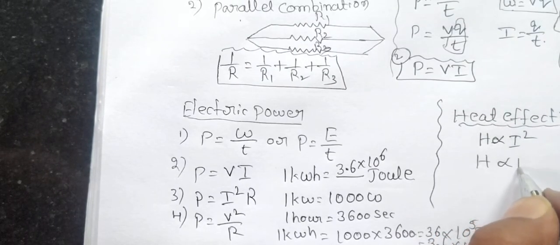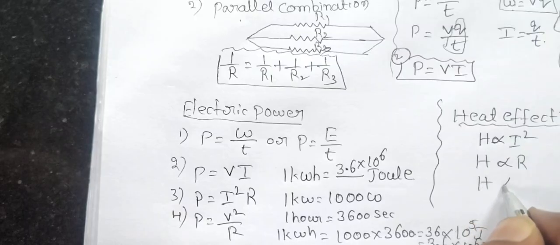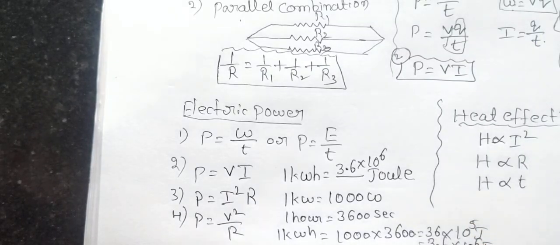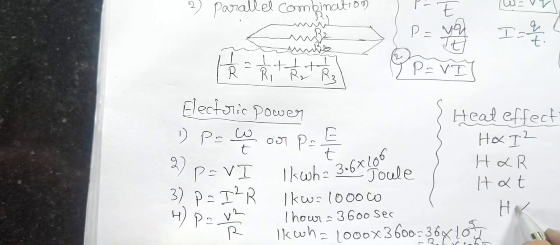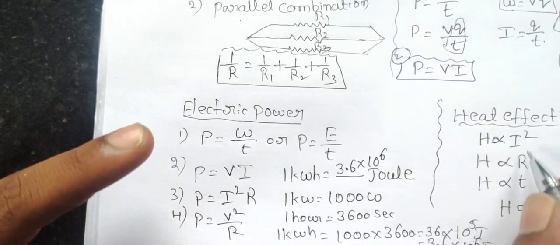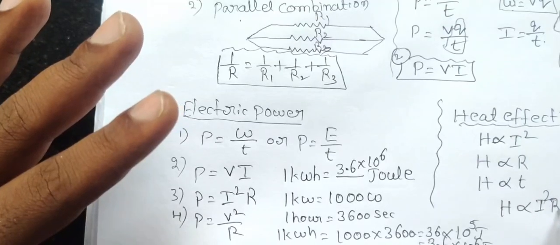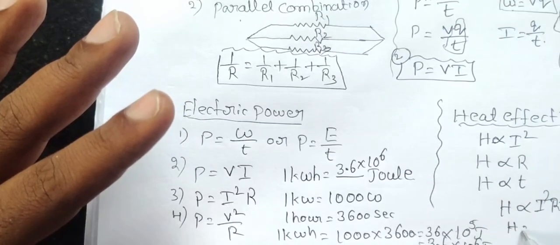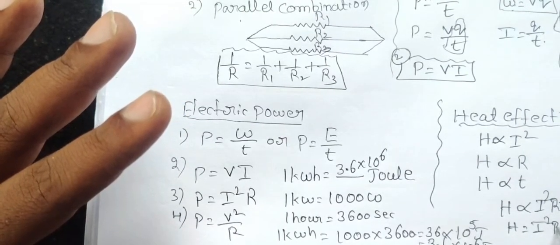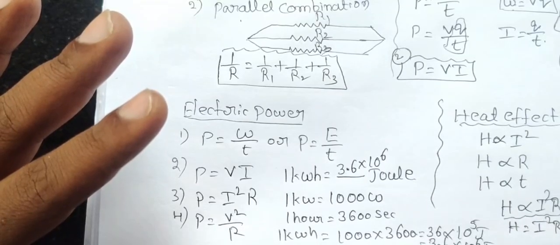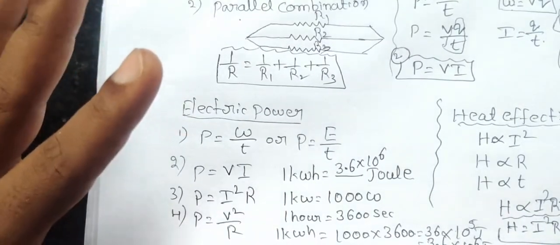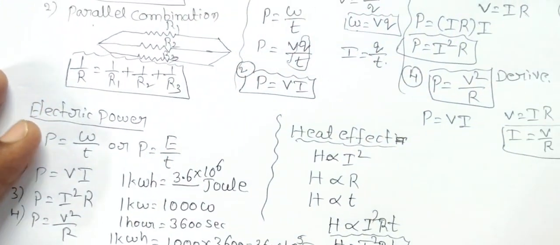H is directly proportional to R. H is directly proportional to T. Main thing, this is also very important. Then from these three relations we can write H is directly proportional to I square RT. To remove the proportionality we can write H is equal to I square RT. This is a very important relation.